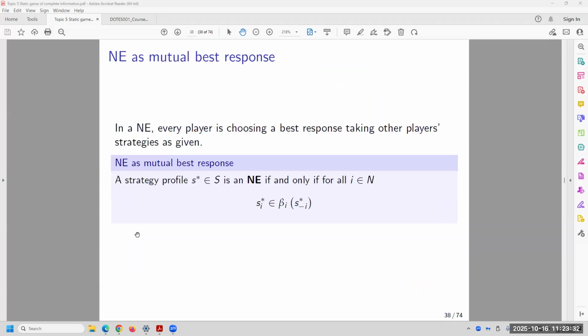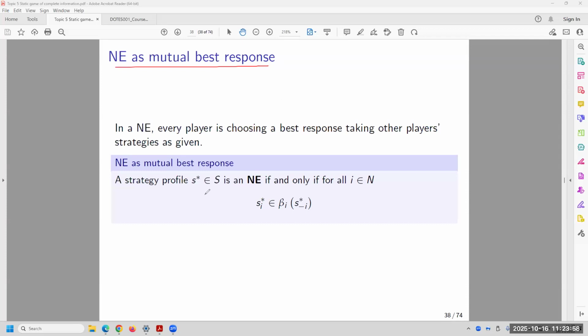Once we do that, we can simply redefine Nash equilibrium. It's called mutual best response. It means that my action belongs to the best response correspondence given what you're doing, and given what I'm doing, your action is also within your best response.